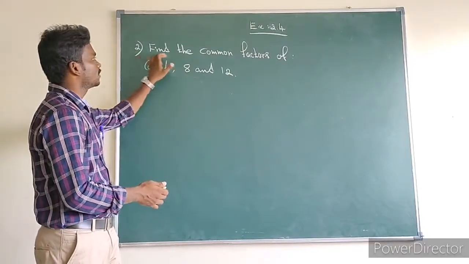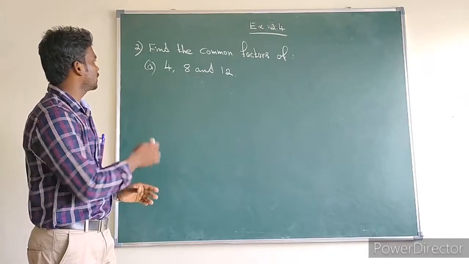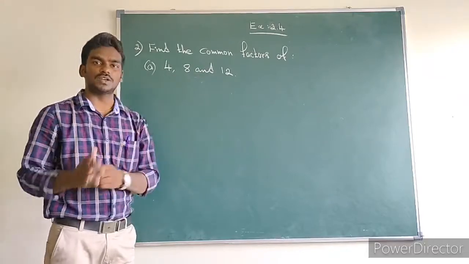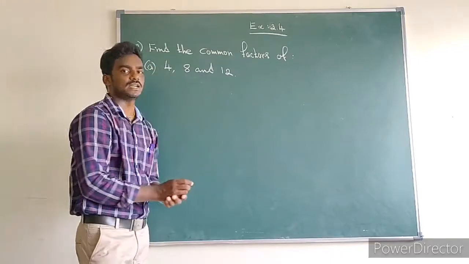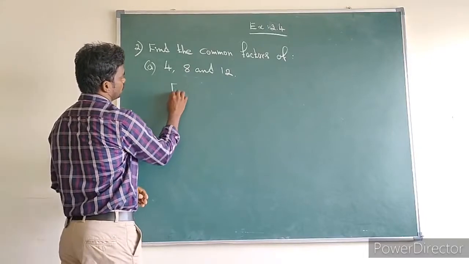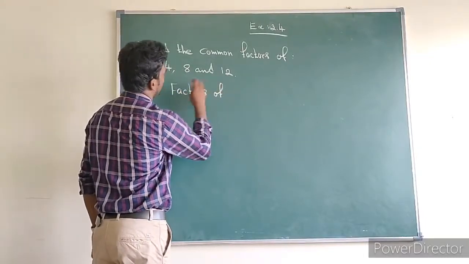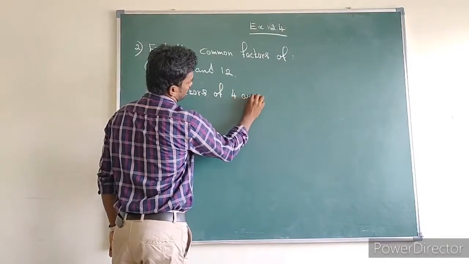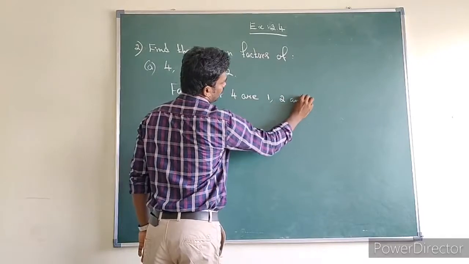Next, the second pattern: find the common factors of 4, 8 and 12. The first pattern is to find the common factors for the given two numbers. The second pattern is to find the common factors for the given three numbers. So how do we find the common factors for these three? First, the factors of 4. What are the factors of 4? 1, 2 and 4.